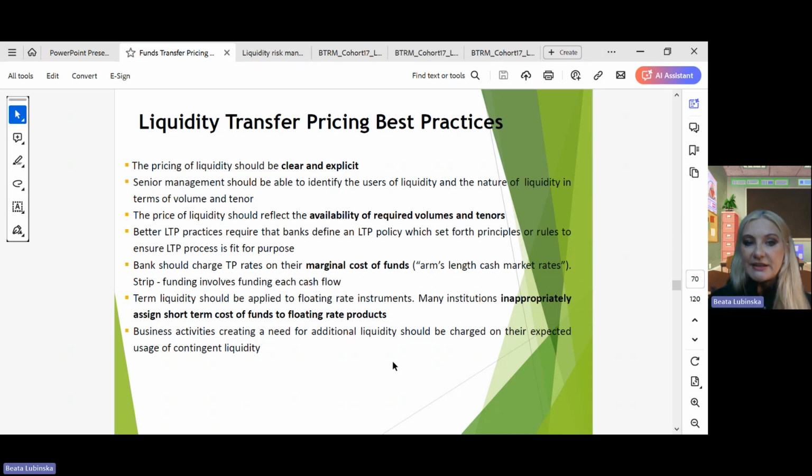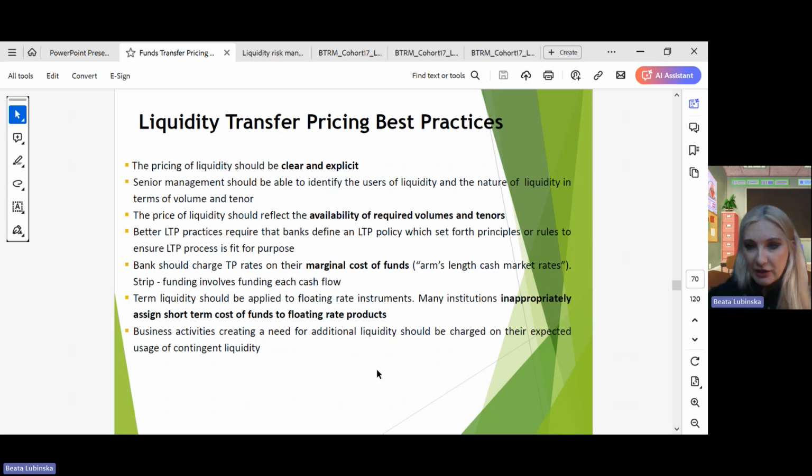Business activities creating a need for additional liquidity, here we are talking about contingency liquidity, should be charged on their expected usage of contingency liquidity. As we've just said, there is a cost, could be a benefit. Today we see the benefits because the cost of running HQLA is mainly positive.